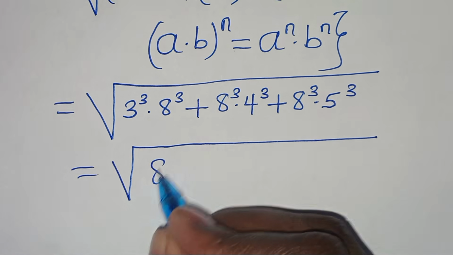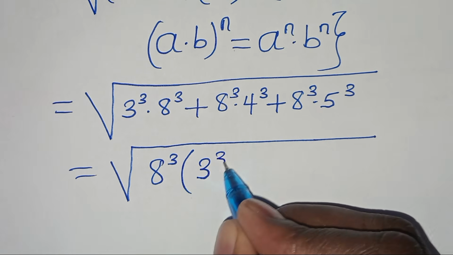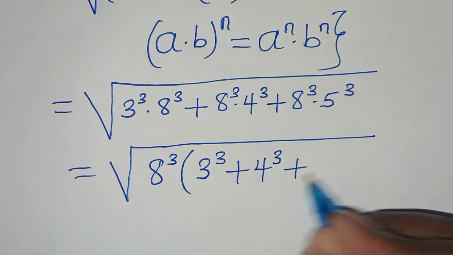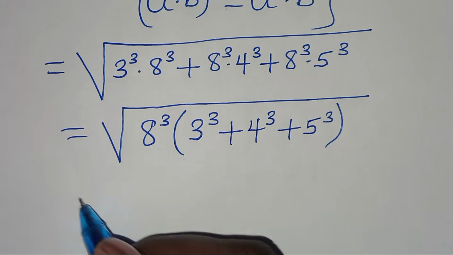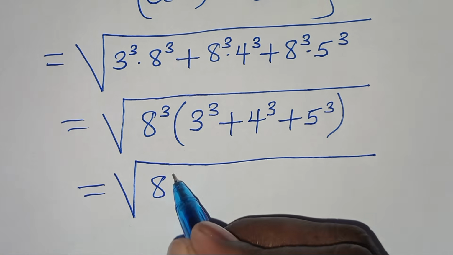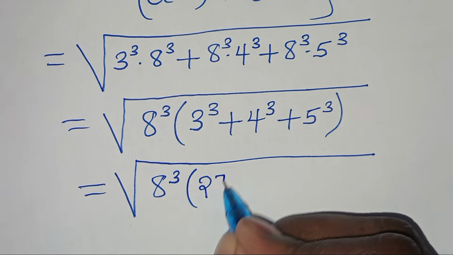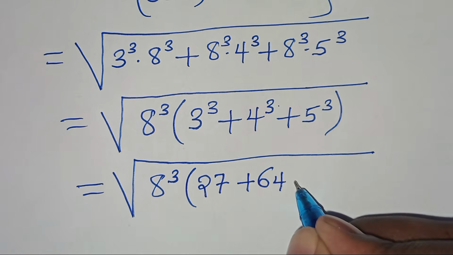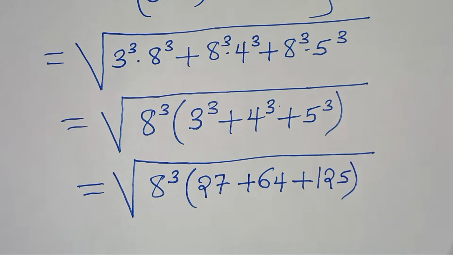So we have 8 to the power of 3 into the parentheses: 3 to the power of 3 plus 4 to the power of 3, then plus 5 to the power of 3, close the parentheses, so that now this is the square root of 8 to the power of 3 into the parentheses, 3 to the power of 3, this is 27, plus 4 to the power of 3, this is equal to 64, then plus 5 to the power of 3, this is 125.